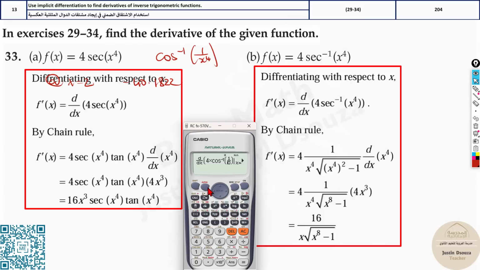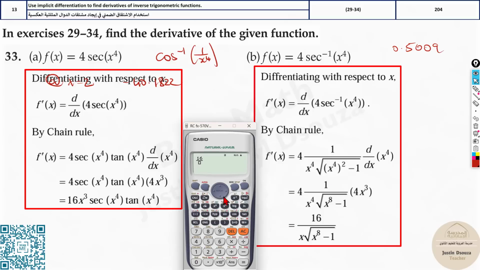Now let's write it out. 1 divided by x to the power 4, and then close this bracket. Only one bracket I have opened for cosine inverse, and that's closed. That's it. Let me take a value of 2, because it's in the domain. 0.5009, and it goes on. Let us try this now.